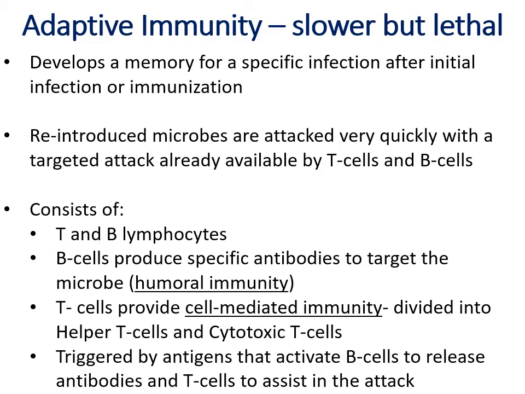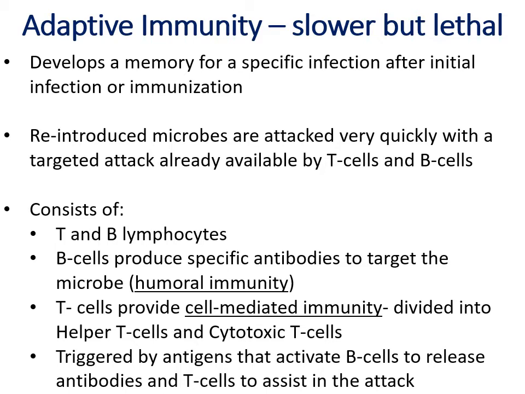So for example, when you get a tetanus shot, we're actually injecting the toxoid into the body, and the body's forming a very long-term memory to tetanus toxoid. When it sees the toxin of a tetanus infection entering the body, it can immediately destroy it.